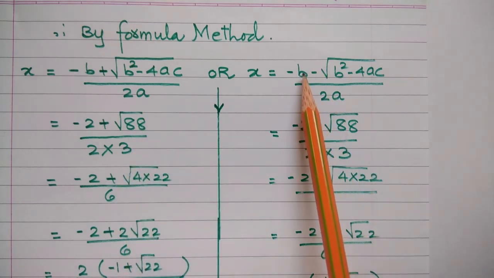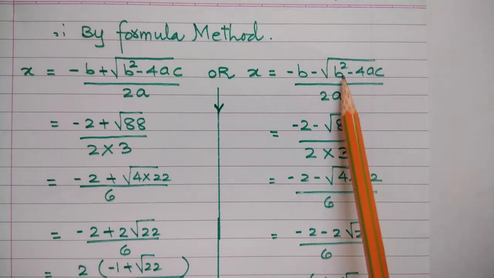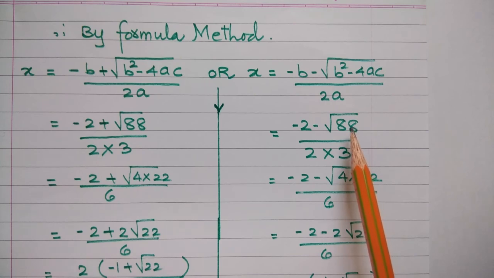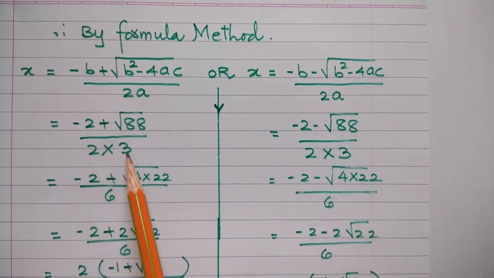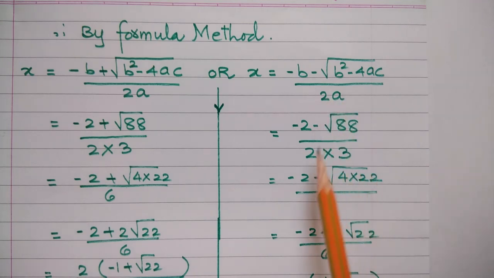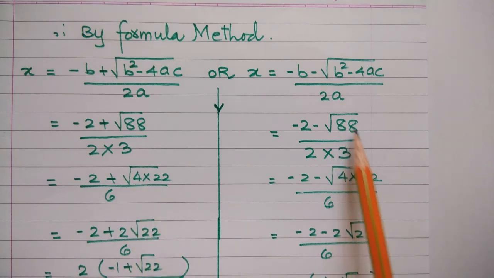Here also minus b means minus 2, minus under root of b square minus 4ac, value of b square minus 4ac is 88, upon 2a, 2 into a, 2 into 3. Here also 2a, so it will be 2 into 3. I have written 88 as 4 into 22 because 4 is a perfect square. Similarly, here also 88 I have written as 4 into 22.